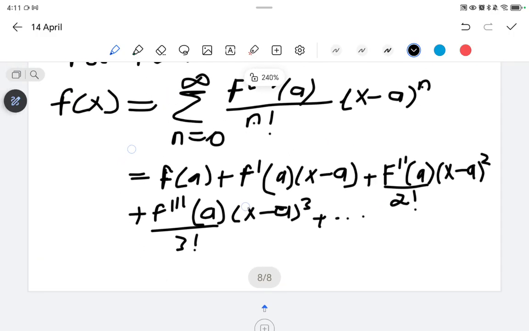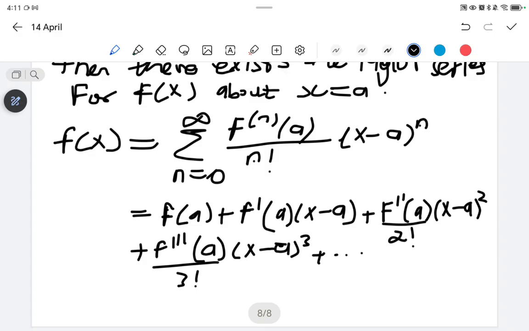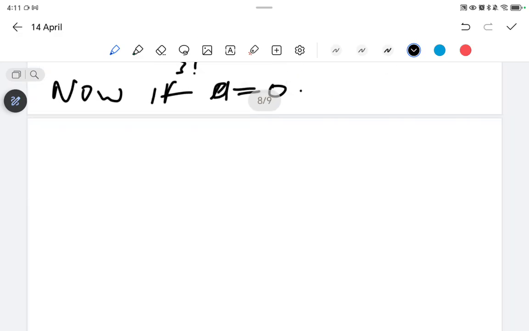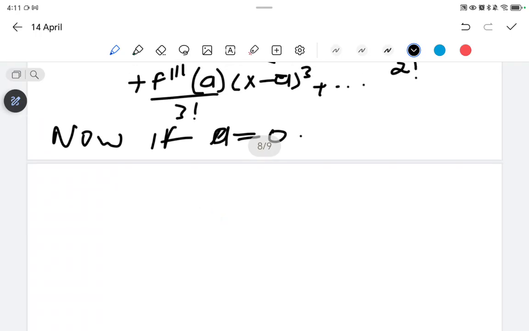Now, if a is equal to 0, we'll have the Maclaurin series. Remember, initially x is equal to a, so if a is 0, it means that x is equal to 0.